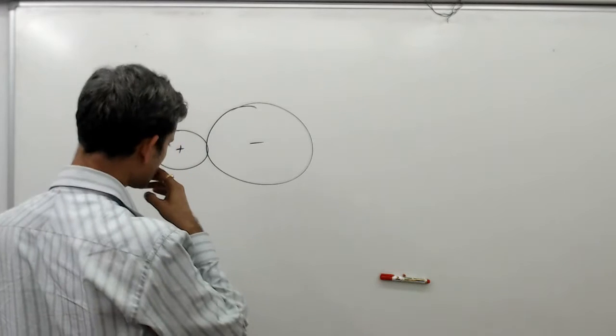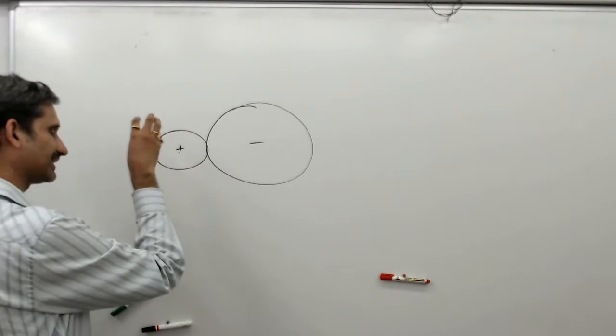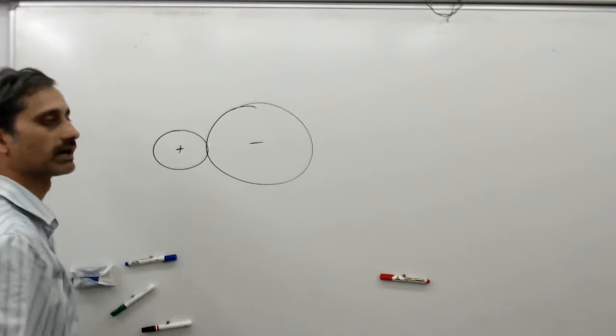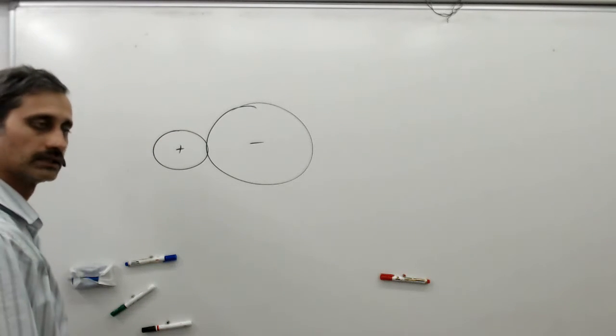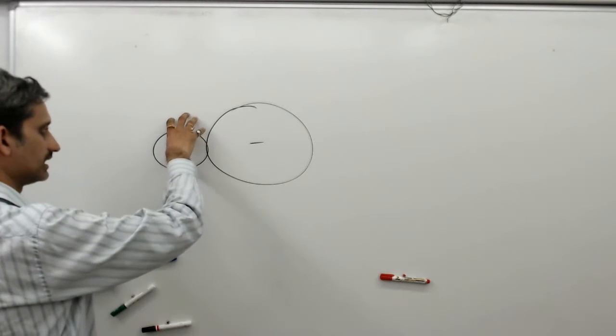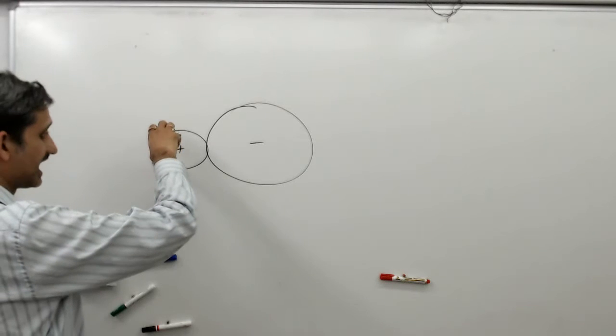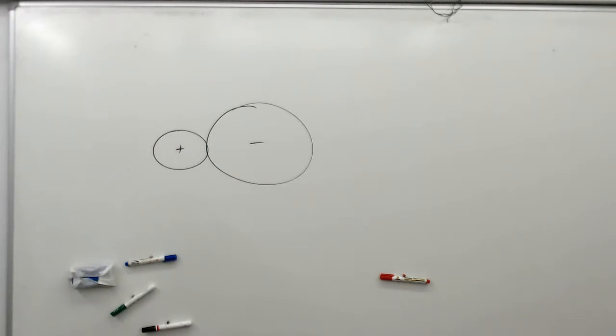So the anion is going to be more polarizable. The cation is practically non-polarizable, because it has a lower size and a higher effective nuclear charge.